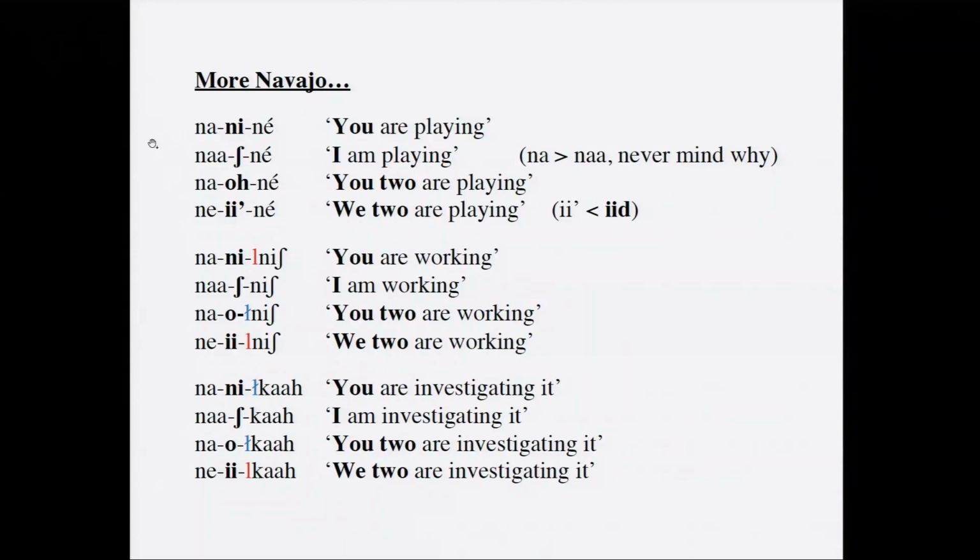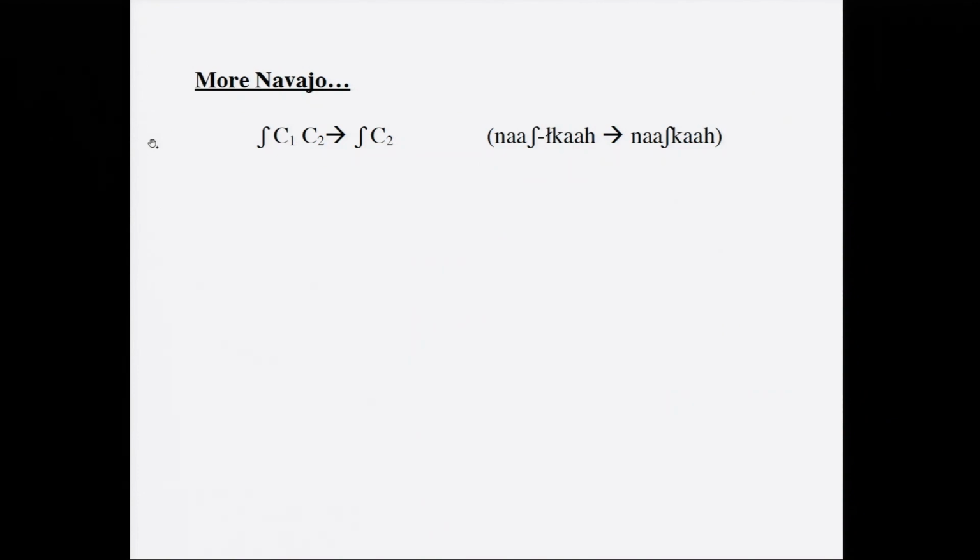Okay, so let me summarize what we've just seen. If you have the sh followed by two consonants, like if you're going to say I am investigating it, sh is the I thing, and investigating we decided starts with sh and then k, you get rid of the first consonant, the sh, so you get nash ka.